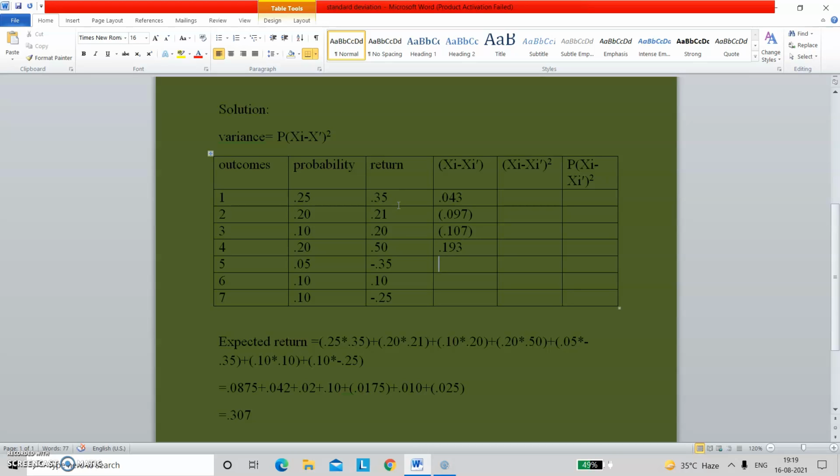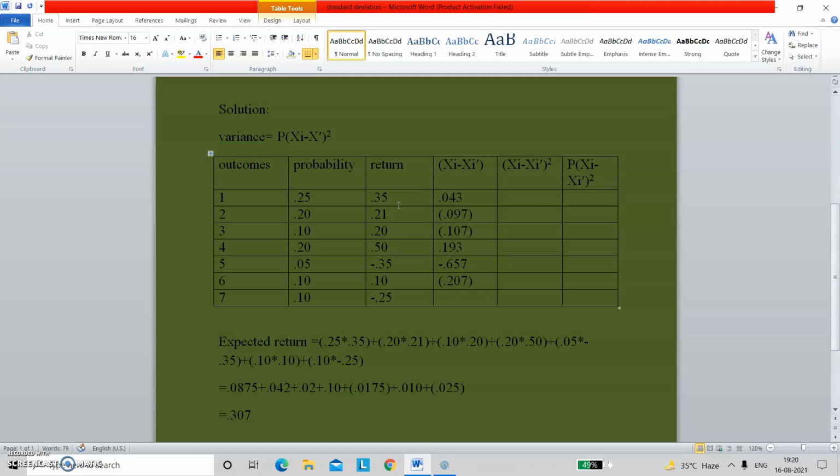Fifth is minus 0.35 minus 0.307. So minus 0.35 minus 0.307 is minus and plus, but the sign would be minus, which is 0.657. Then 0.10 minus 0.307 is minus 0.207.